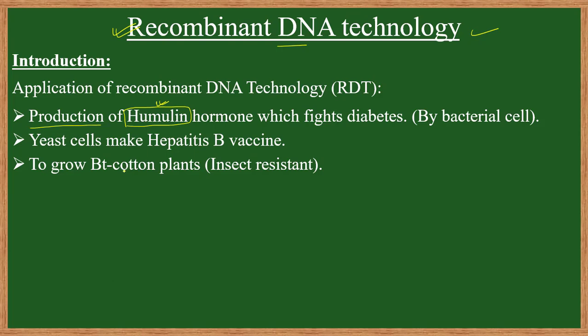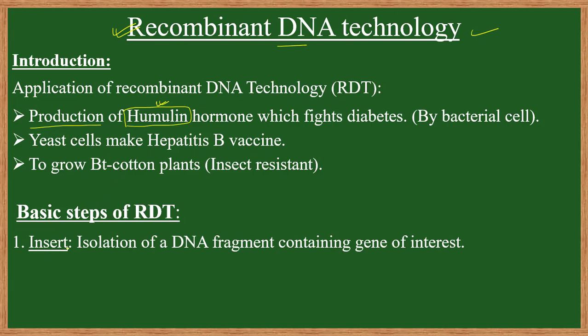First we will start with the steps of the rDNA technique. Here are the basic steps of rDNA. We start with the isolation of the DNA fragment containing the gene of interest.